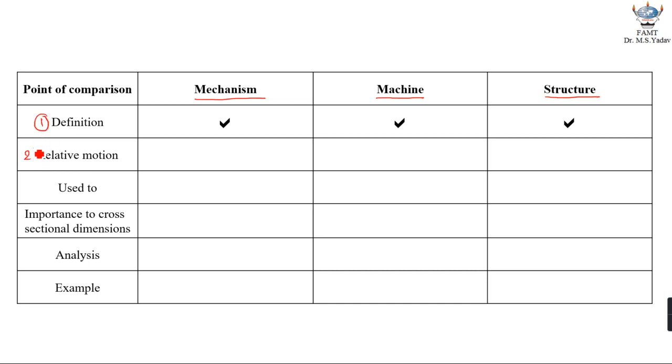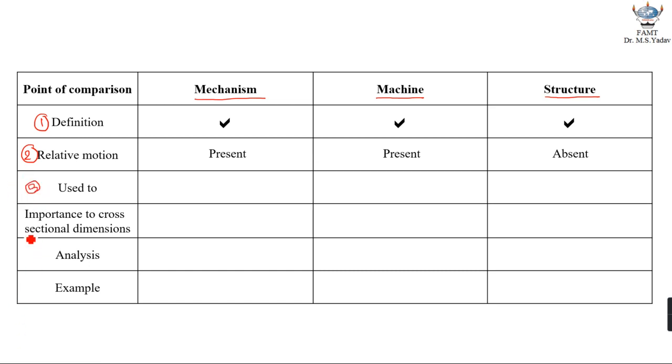The second point is relative motion. Yes, we know that relative motion between the links forming a mechanism is present. Even in the case of a machine, different resistant bodies have relative motion between them, but in the case of a structure, the combination of resistant bodies does not have any relative motion between them.